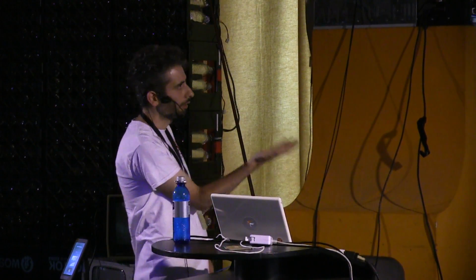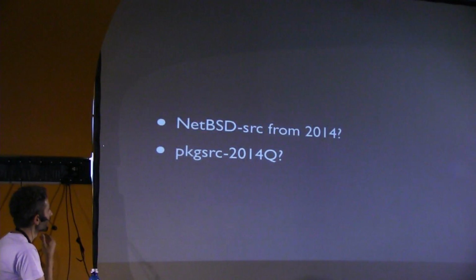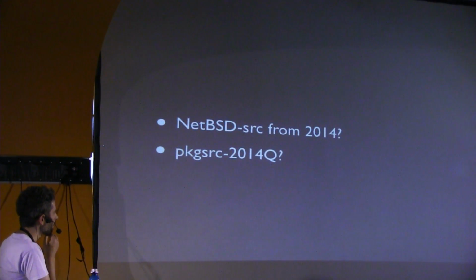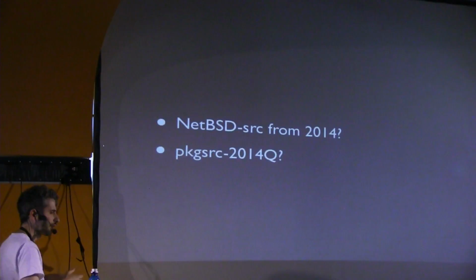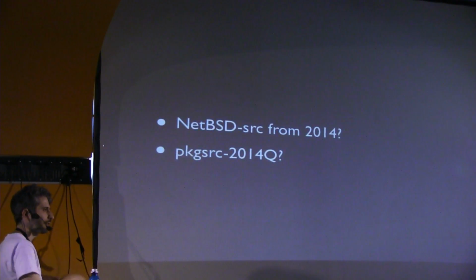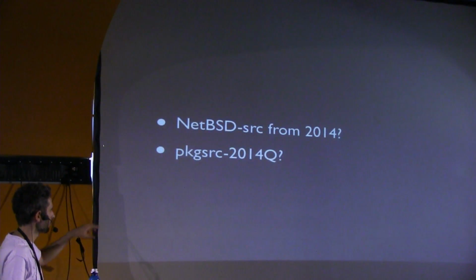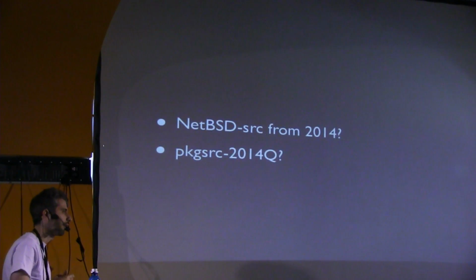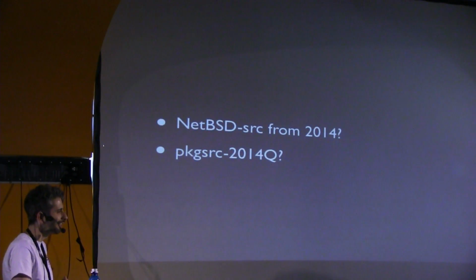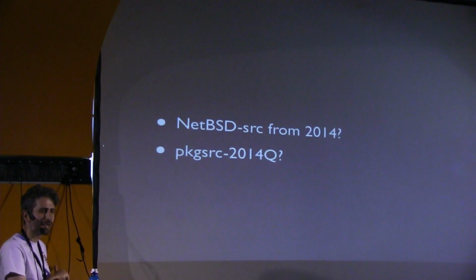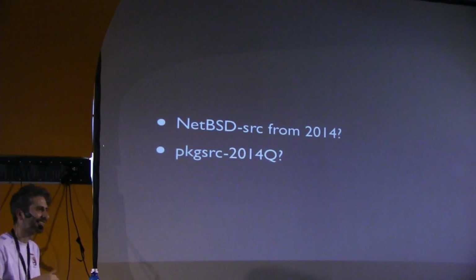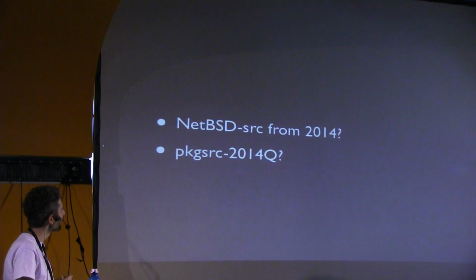So I guess the last update that I saw was the NetBSD source from like 2014, and for package source, they're not actually using our package source. They have their own clone of the package source repo, but it's from 2014 with patches on top. I don't know what that means for the package source vulnerability file, but yeah.